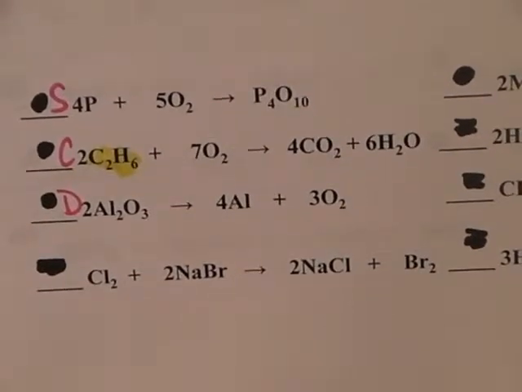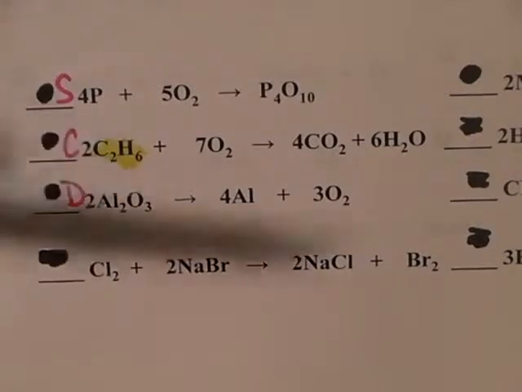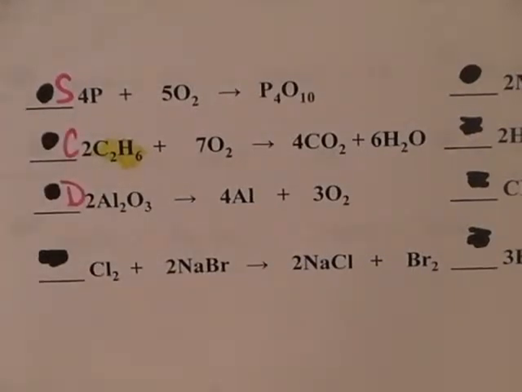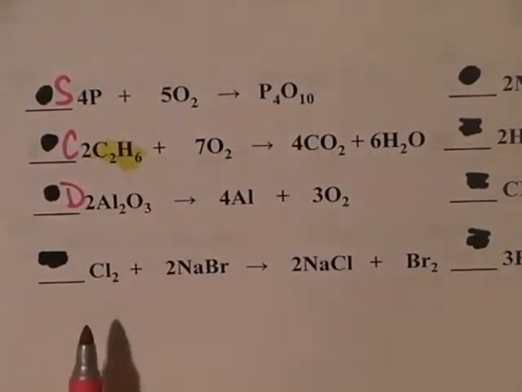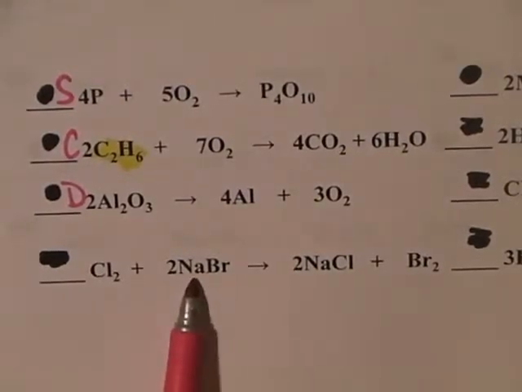And then the last one on this side, so you've got chlorine by itself, right? It is Cl2, but we know that's just how chlorine must exist by itself. We still consider this a single element. Even though it's diatomic, we consider it a single element. So chlorine plus NaBr, sodium bromide.